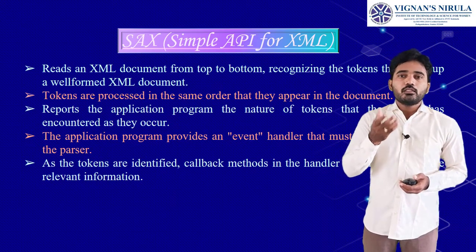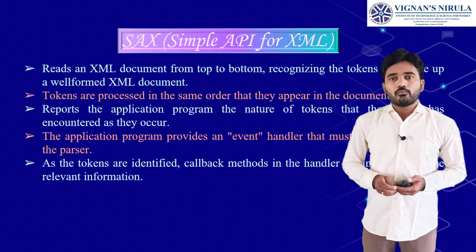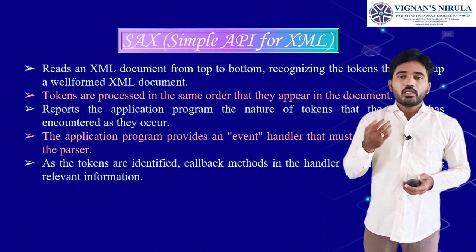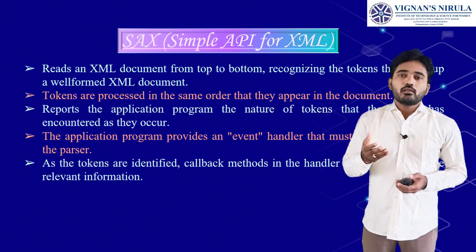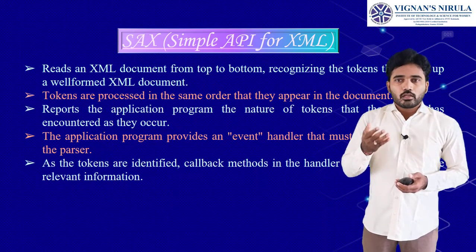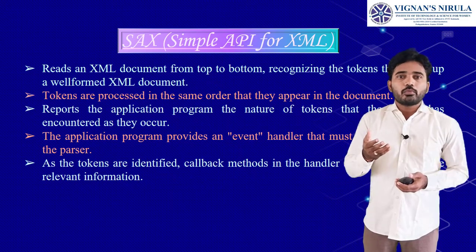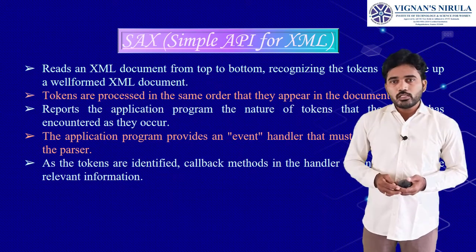So when do you need to use SAX, and how do you implement this Simple API for XML? It reads an XML document from top to bottom, recognizing the tokens that make up a well formed XML document.